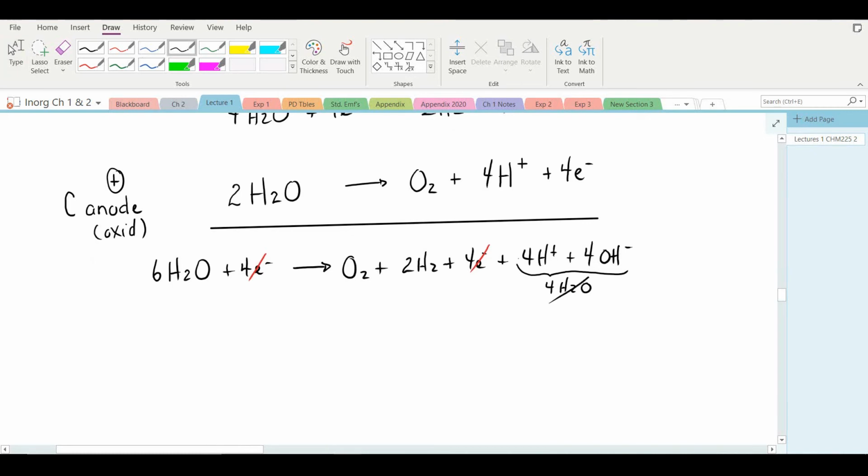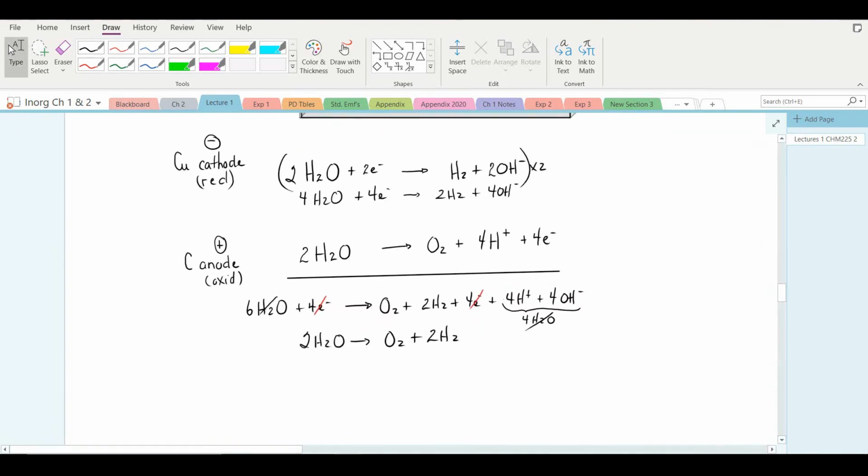If I subtract 4 water molecules from both sides, I'm left with 2H2O goes to O2 plus 2H2. So twice as many moles of hydrogen are produced as oxygen. And you'll see that when you do it. You'll see at the copper cathode, the rate of evolution of gas, the hydrogen gas, is twice as fast as the rate of evolution of oxygen gas at the carbon anode.